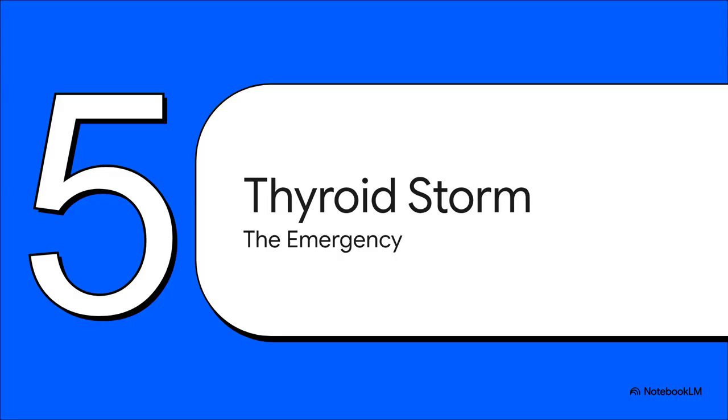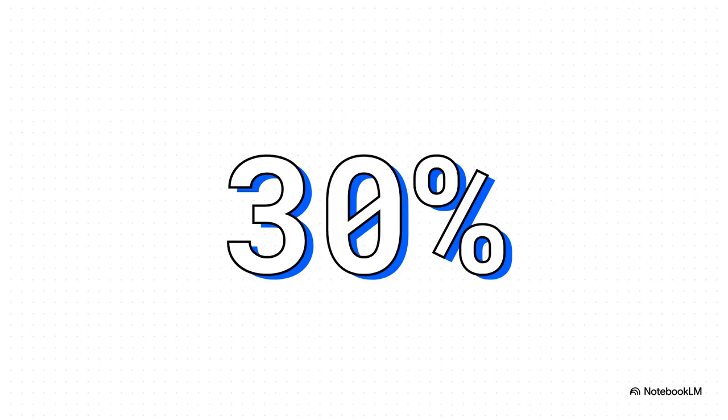And finally, let's talk about the highest stakes scenario in all of thyroid disease. This is the one you hope you never see, but you have to be ready for. This is thyroid storm, where thyrotoxicosis goes from a serious problem to a life-threatening multi-system meltdown. Just let that number sink in: a mortality rate that can be as high as 30%. This tells you that thyroid storm isn't just really bad thyrotoxicosis, it's a state of complete systemic decompensation that requires immediate, aggressive ICU-level care.